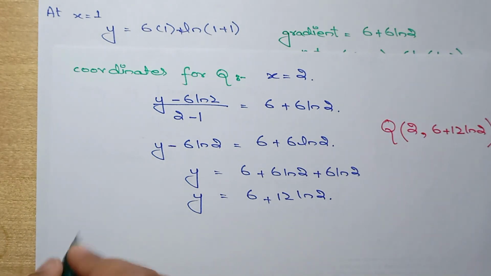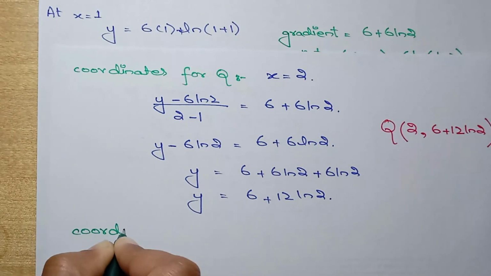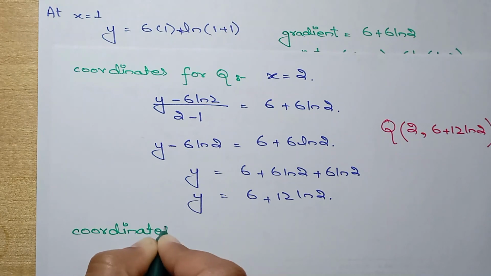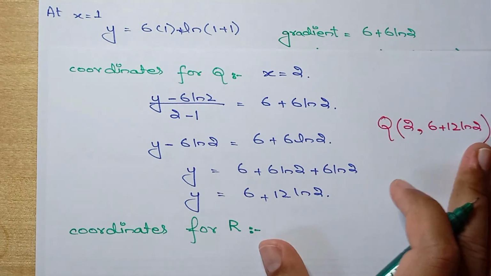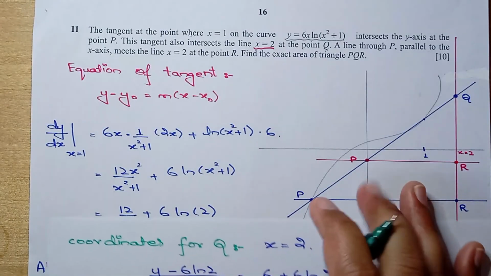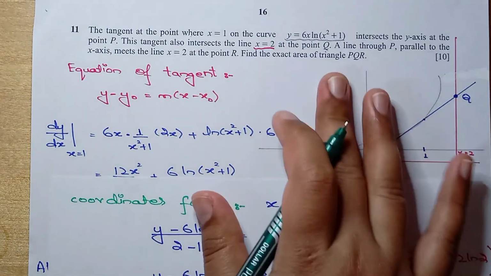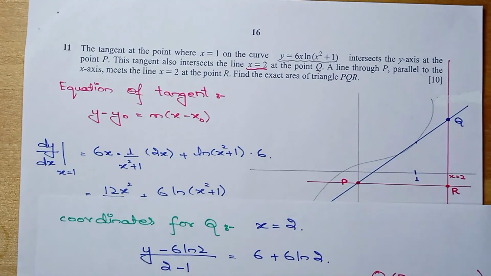The next point is the coordinates for point R. Okay, so if we can see, ignore this bottom line. So this is our actual triangle PQR.